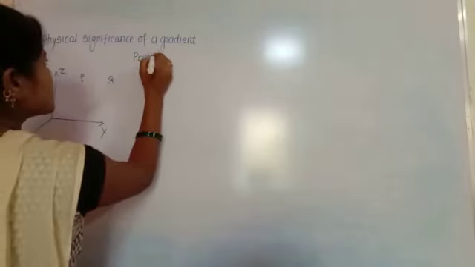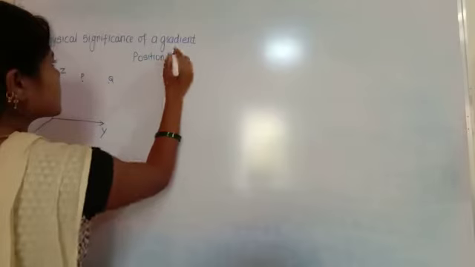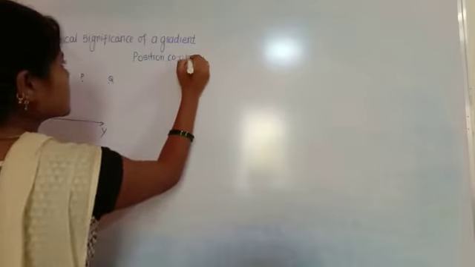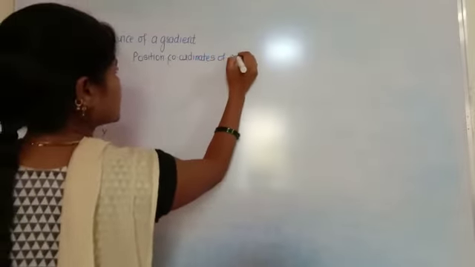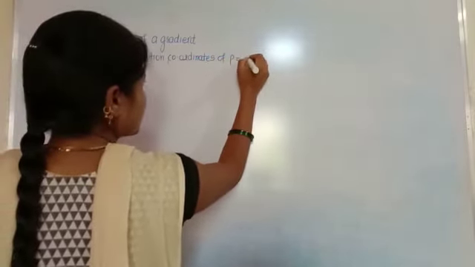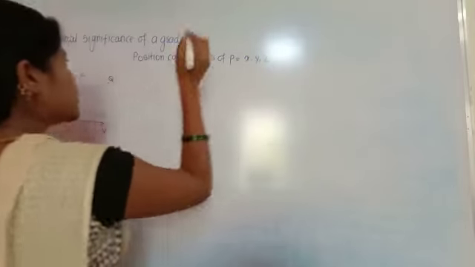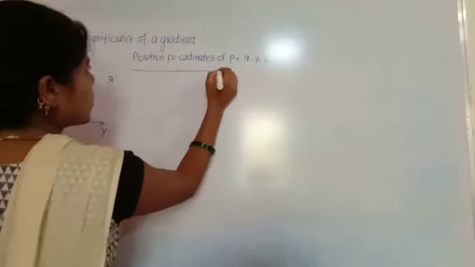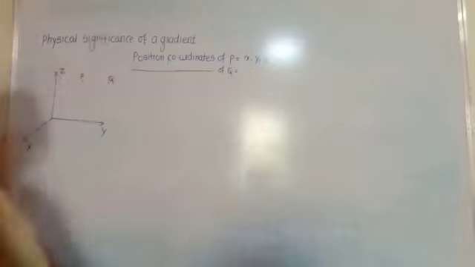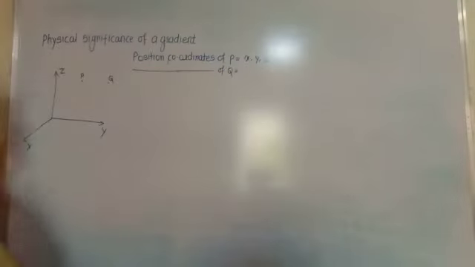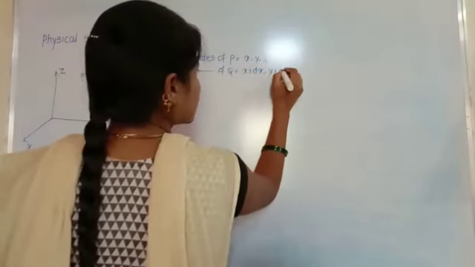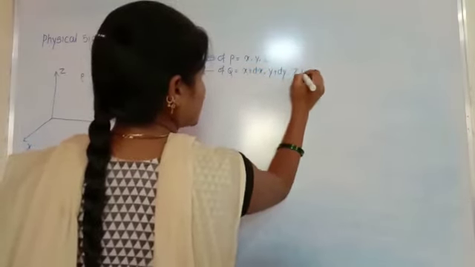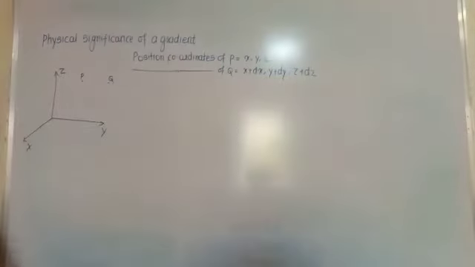The position coordinates of point P are x, y and z, and the position coordinates of Q are x plus dx, y plus dy and z plus dz, because this point Q is very close to P as shown in the figure.